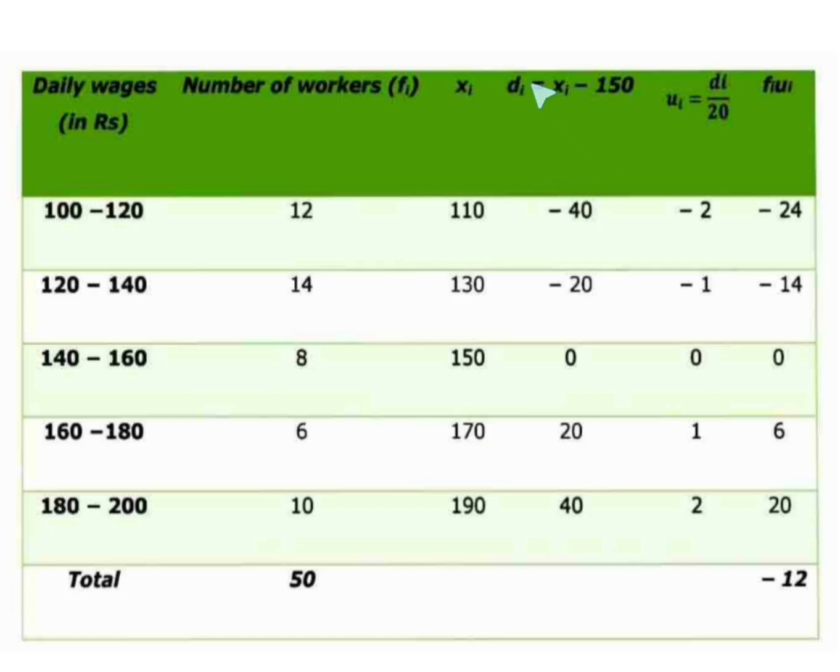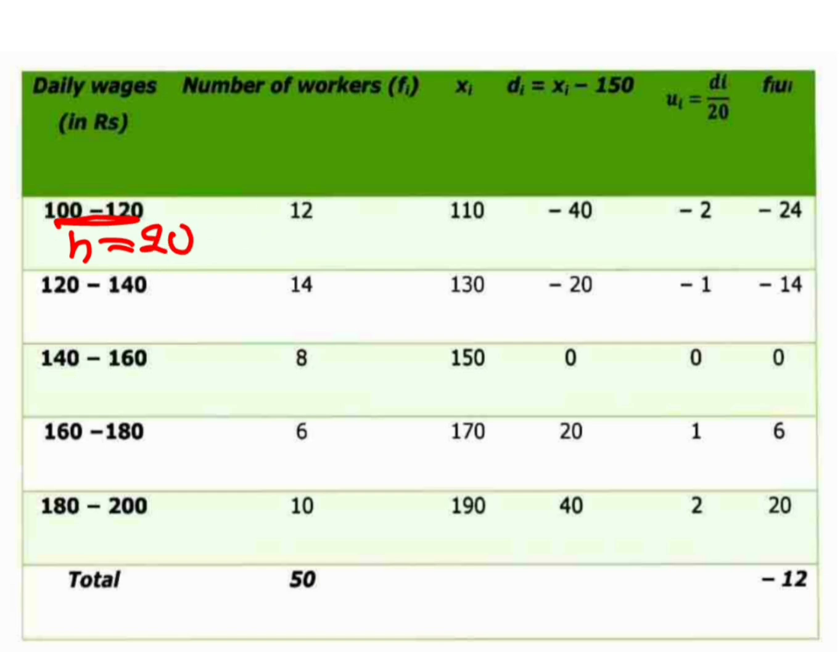Then we divide these d values by the class height, h, which is 20, the difference between 120 and 100.